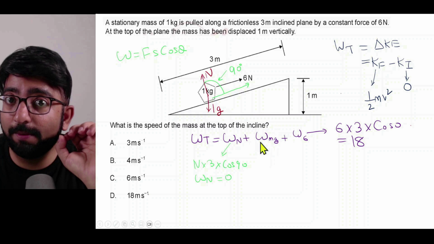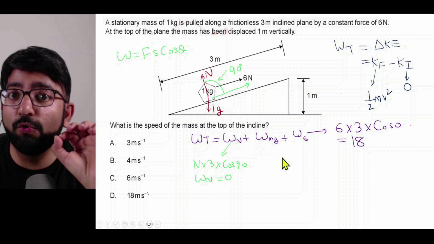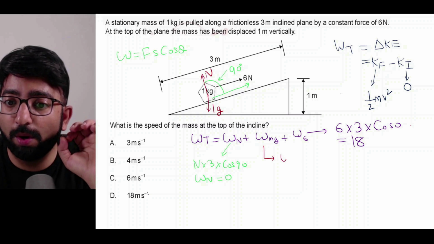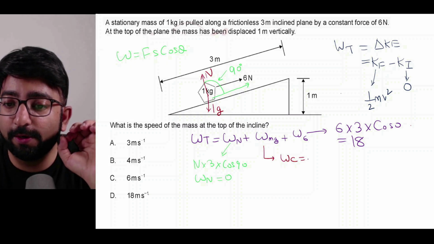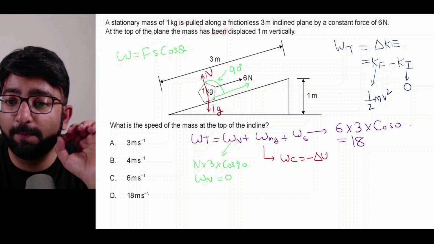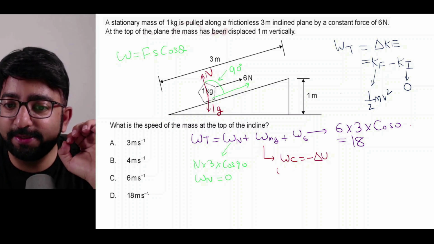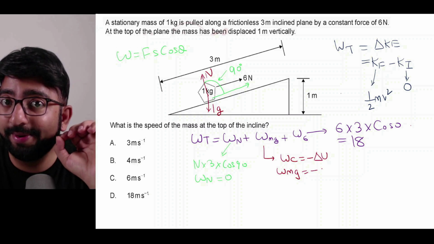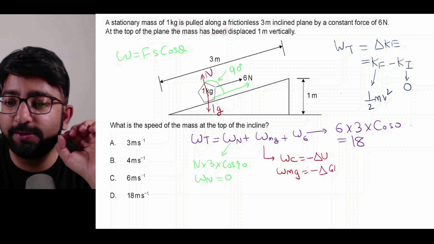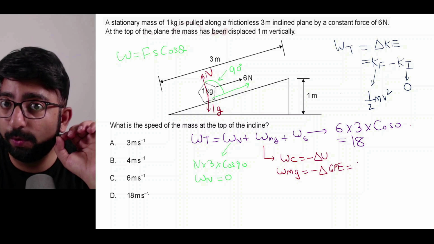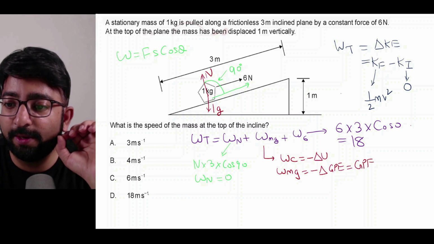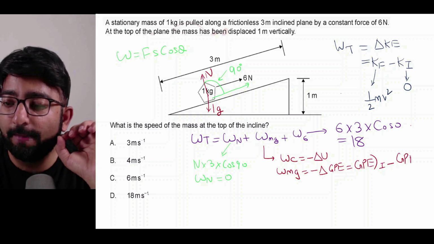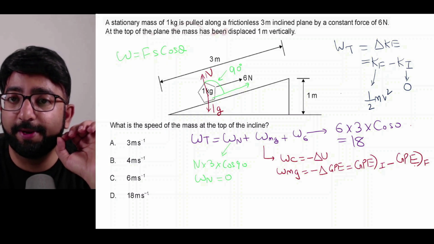Now, to find the work done by the gravitational force, there are two approaches. Method number 1: let us use the formula for work done by a conservative force, which is equal to negative of change in the potential energy. In this case, it is the gravitational force which we are dealing with. So this should be equal to negative of the change in GPE, which is the initial gravitational potential energy minus the final gravitational potential energy.